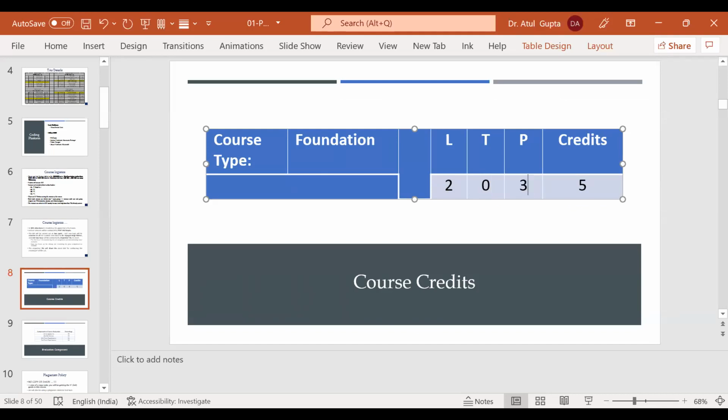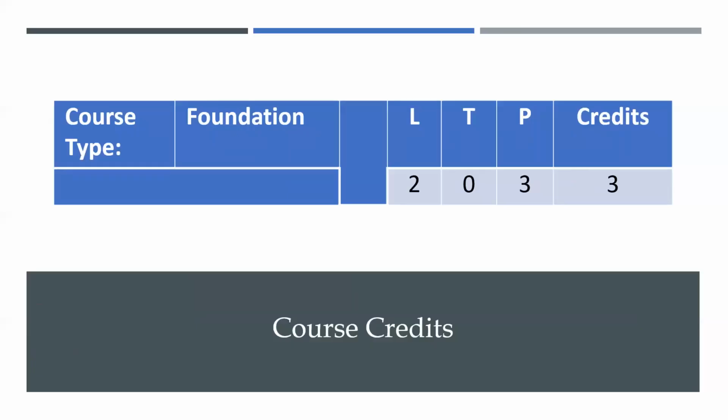And then we have 3 lab hours. Earlier it used to be a 5-credit course, but now it's a 3-credit course. The credits of all courses have been reduced, so similarly the credit of this course is also reduced. It's 2 lectures and a 3-hour lab session per week.